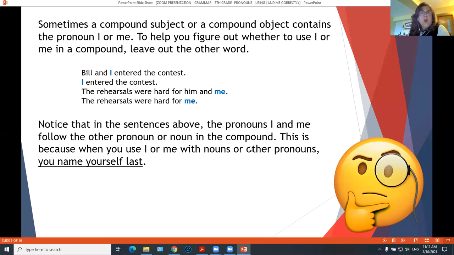We always name ourselves last. Okay, we don't say I and Bill. We say Bill and I. That's the polite thing to do. Okay, we always name ourselves last when we have other nouns or pronouns.